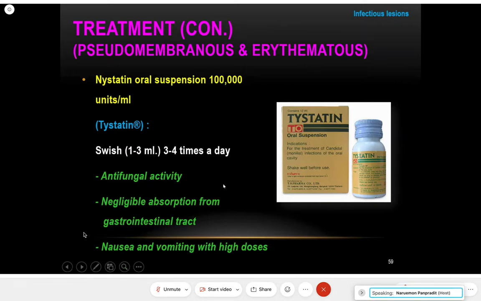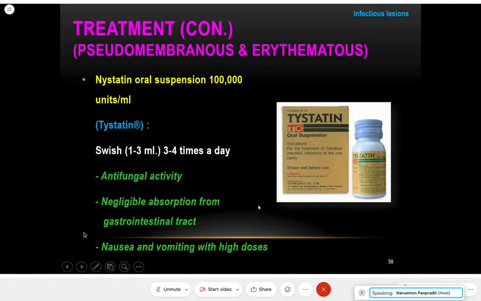When you take only 1 ml, it's a very small amount and they cannot swish it in the mouth. We want them to swish it around in the mouth, so maybe 2 or 3 ml is better to prescribe each time. They swish 3 to 4 times a day for treatment. So you have to think about antifungal activity and nausea, vomiting with the high dose.